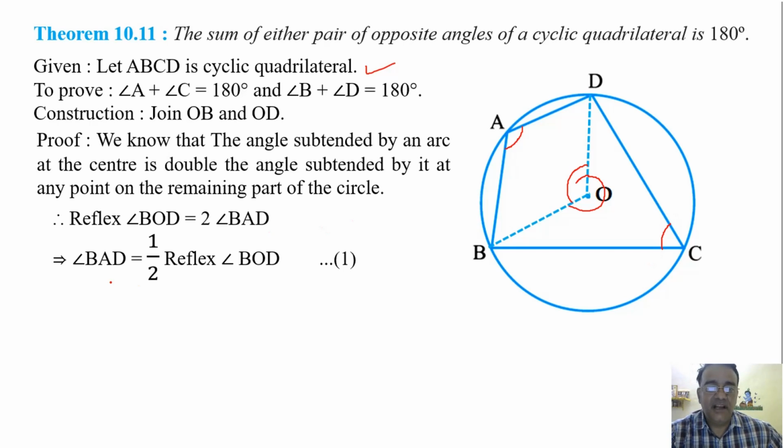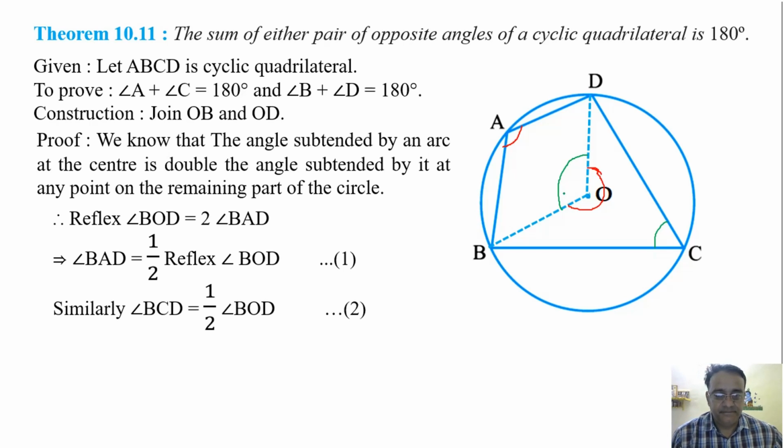So angle BAD is half of the reflex angle at O. Let me change the color. What I am drawing in red is the reflex angle. This will be 2 times this angle, and this angle is 2 times this angle, right? So angle BAD is half of this reflex angle, and angle BCD will be half of angle BOD. Clear?